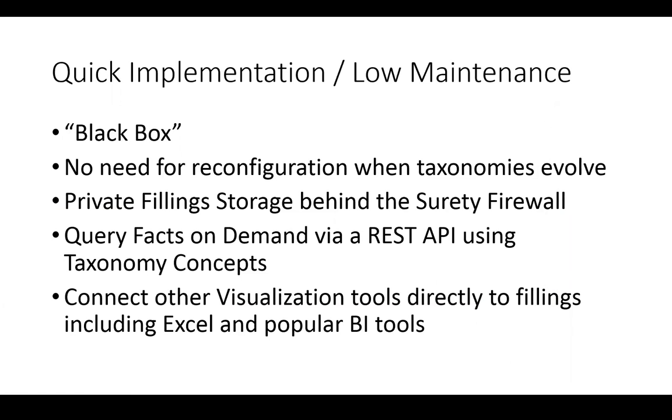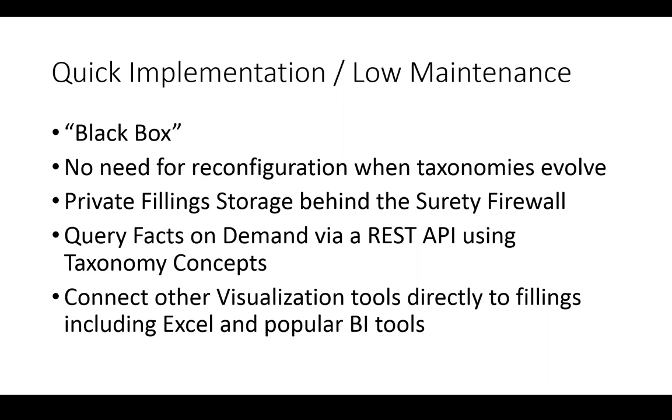Very important, when the taxonomy changes or evolves, you shouldn't need to reconfigure or remap. Also, everything that is filed should be stored and made available to query behind the surety firewall, and then allow the surety system to use modern integration technologies like REST APIs to just query facts on demand using taxonomy concepts.